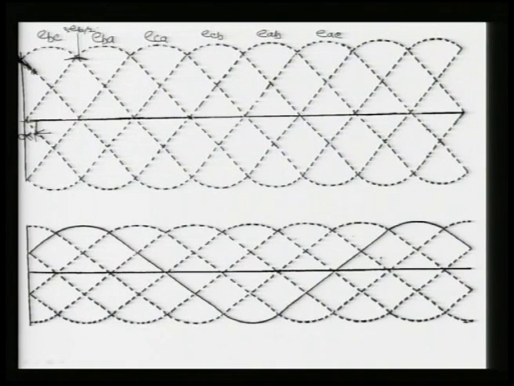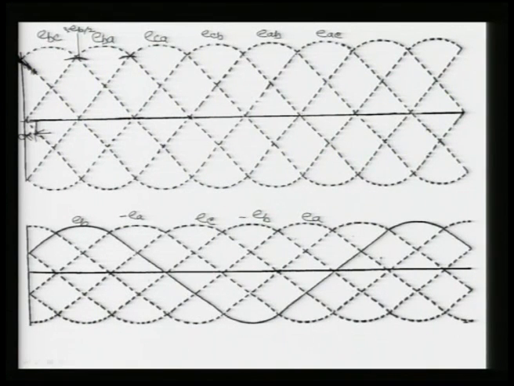Now, another point here, what will be this? This is your EB, this is your EC, this is your EA. Here it will be minus EA, here it will be minus EB. Am I writing correctly? Why?